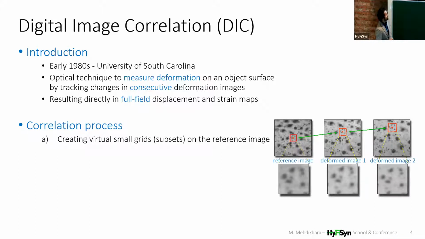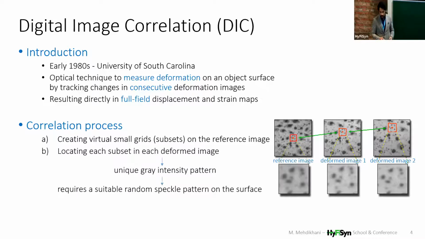The images that are taken consecutively are divided into small subsets or grids, if you would like to call it that. Each of these subsets has a certain unique speckle pattern in it, or unique gray intensity pattern. By using this gray intensity pattern, the DIC can locate each subset in each image and then assign a displacement vector for this specific subset.